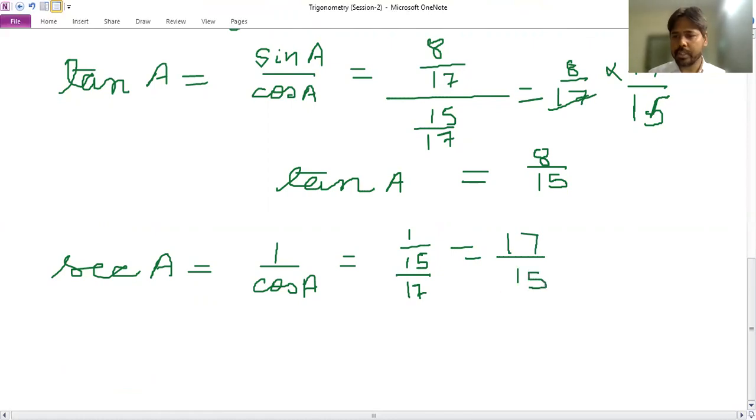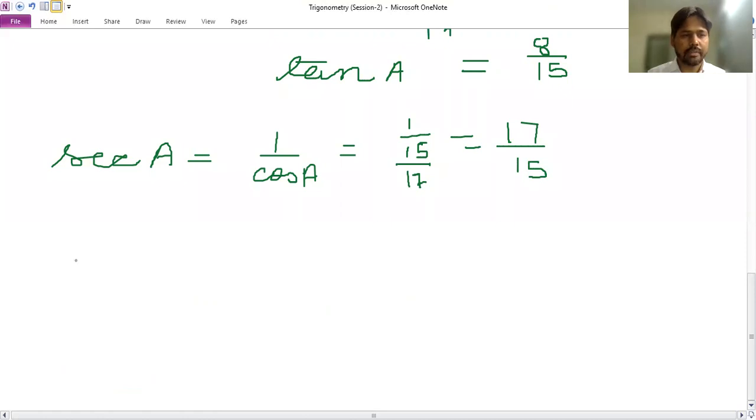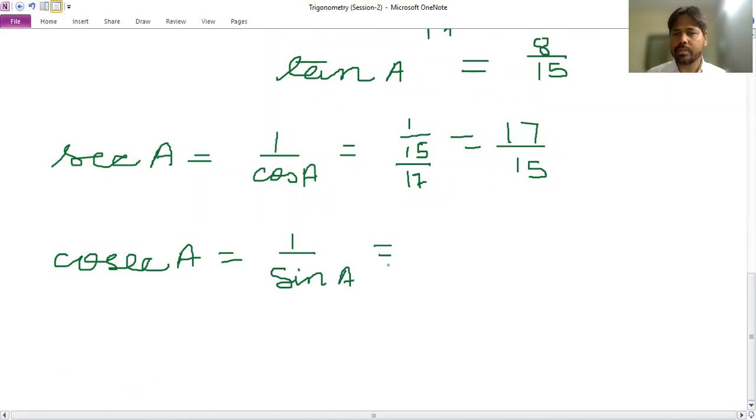Then the next trigonometric ratio is cosec A. Cosec A is nothing but the inverse of sine of A. This inverse of sine of A will be equal to 1 upon 8 upon 17. Now this value can be written as 17 upon 8.